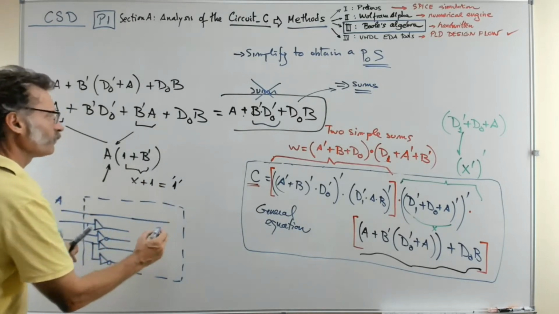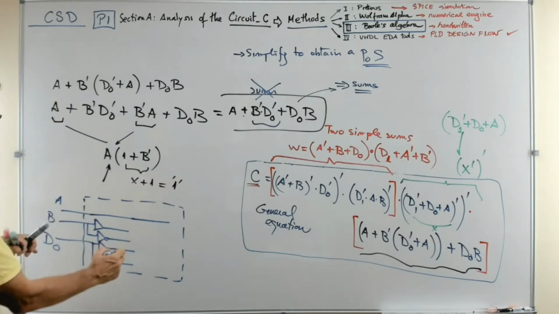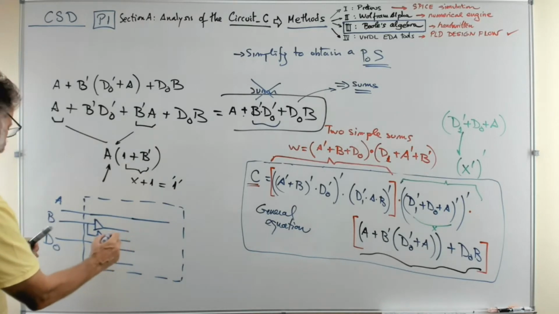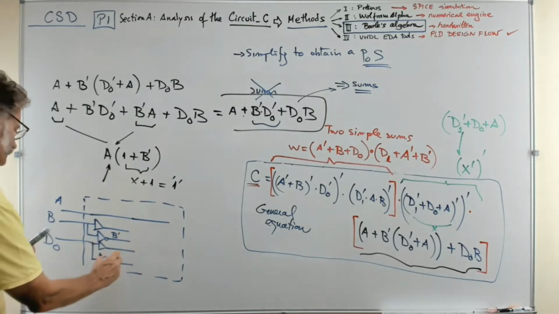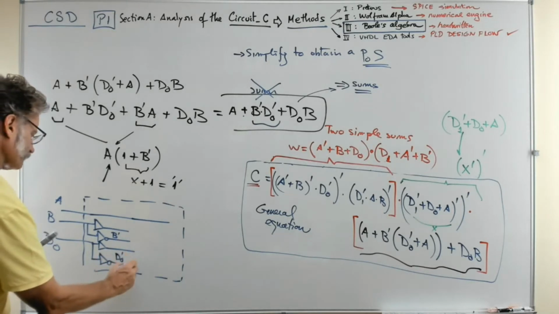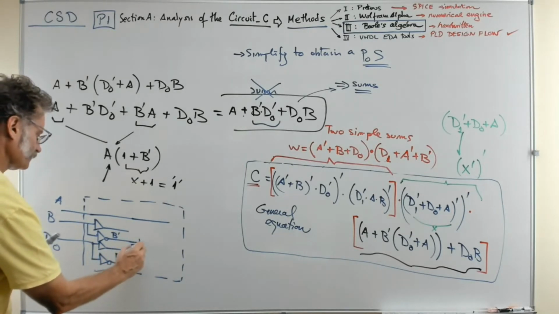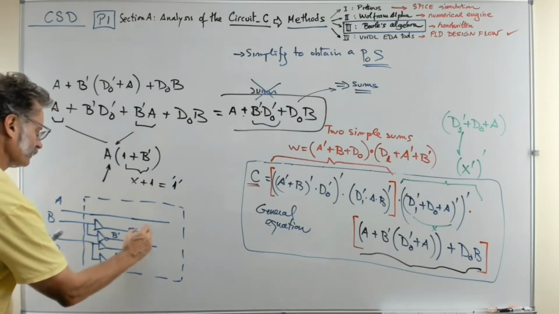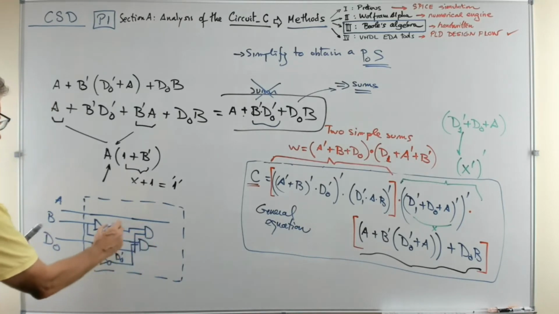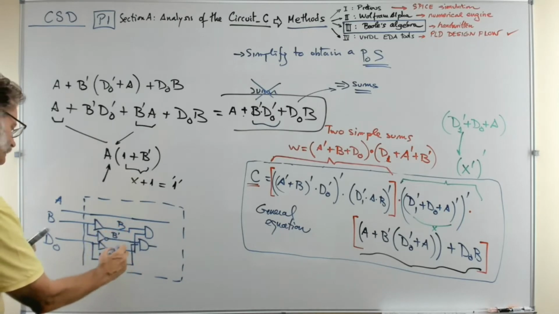So now, what is it that you've got? A, or here you have a product of B naught and D0 naught. So you have a product of these two terms, and then you have another product of these two other terms, which are B and D0.